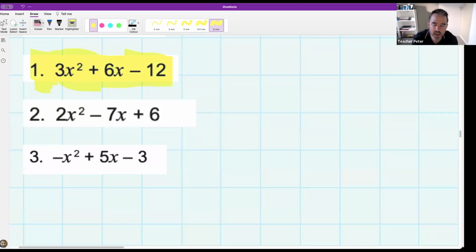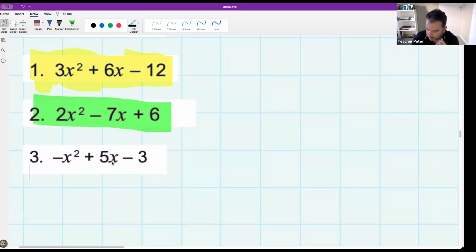Okay. I want you to try and complete the square for the yellow one and for the green one. See if you can complete the square using the skills I've shown you so far today. It's time for you to fly solo a little bit more in the second part of the lesson.